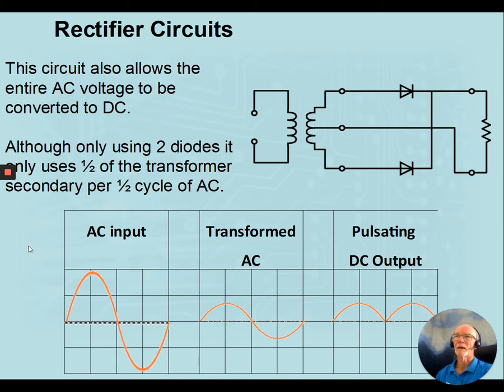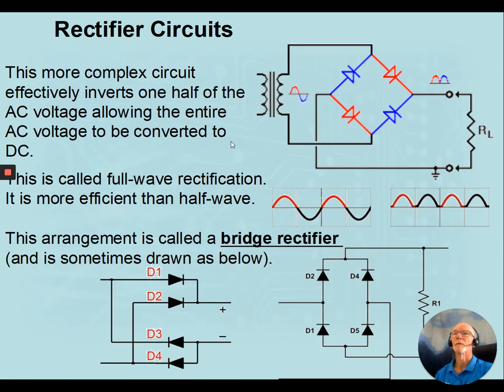However, once again, this type of setup with the center tap transformer is seldom used these days because our rectifier diodes are so cheap. The most common method now of rectifying AC uses four diodes in a configuration like this, also sometimes seen as these other two circuits down below here, and this is known as a bridge rectifier, a full wave bridge rectifier.